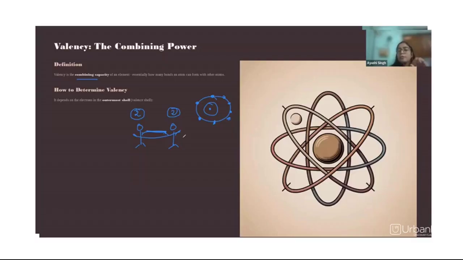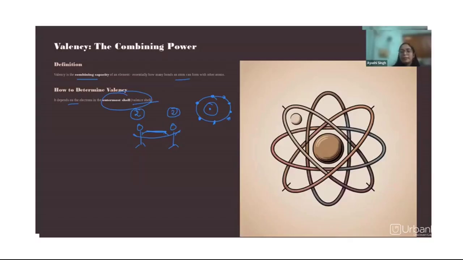That bond would be the combining capacity of any atom. So it depends on the outermost shell only, and that shell we also call the valence shell, because it determines the valency.